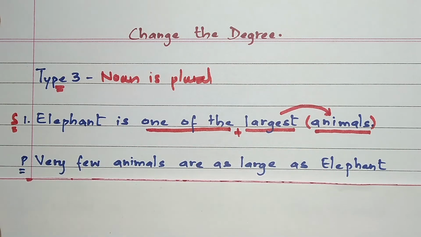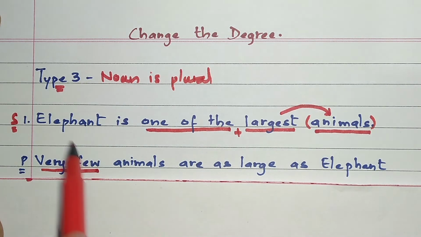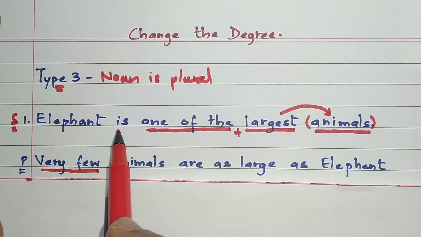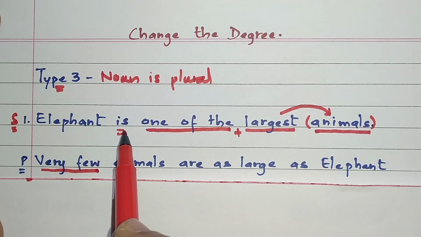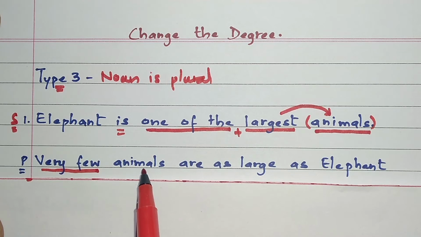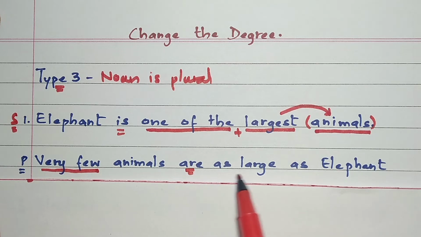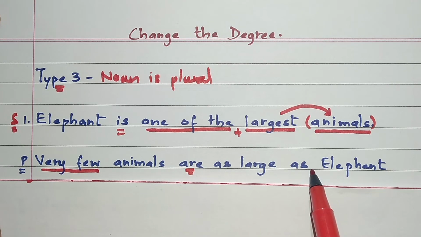The positive degree begins with very few, followed by the noun, that is animals, are. Now why are? Because in the question, here the verb is. It's a singular verb because the subject is elephant. But here we are writing animals, a plural noun. Therefore we have to use are. Then we use as large as. That is the positive degree adjective.